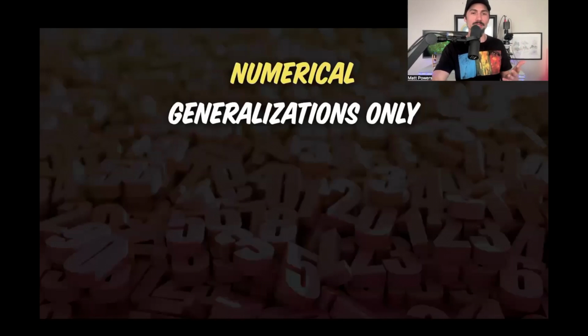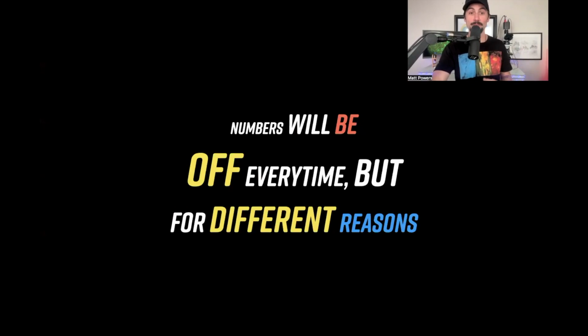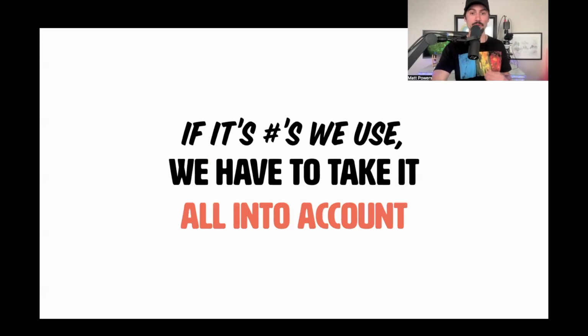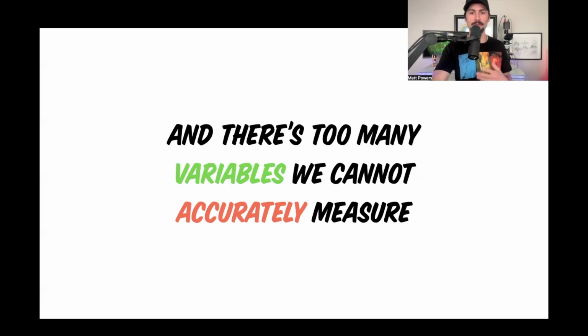It's only close enough for very basic generalizations, with the caveat that what you're doing is manufacturing and exaggerating the errors. So the numbers are going to be off every time, but for completely different reasons. So if it's numbers we use, we have to take all of the numbers into account.